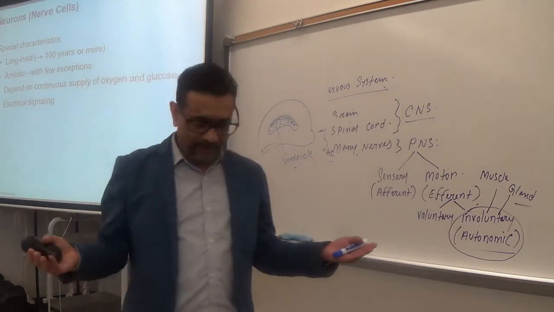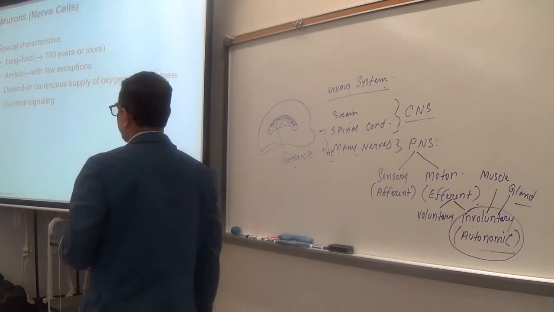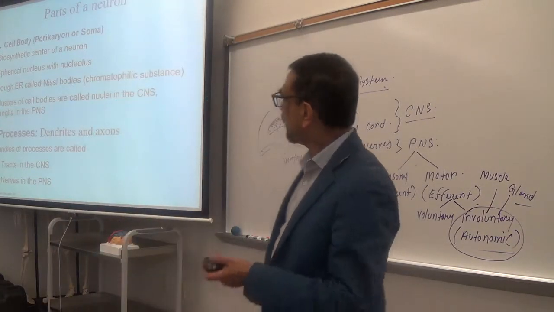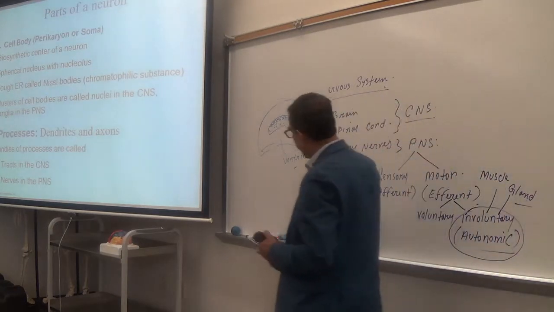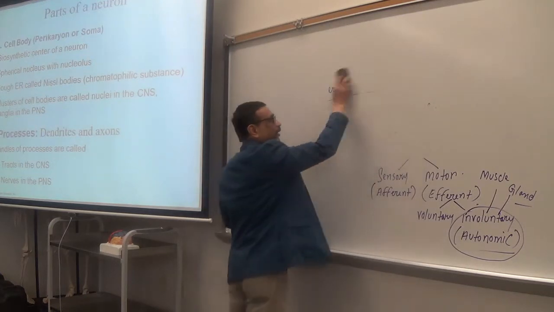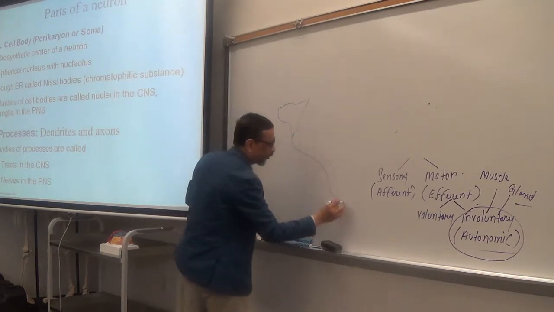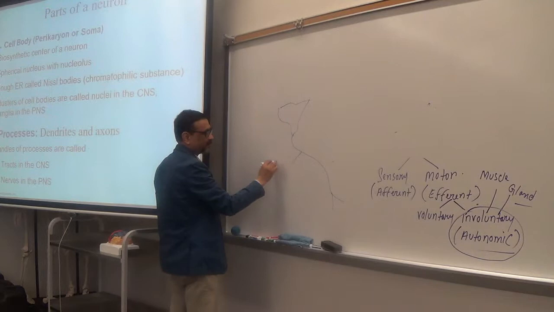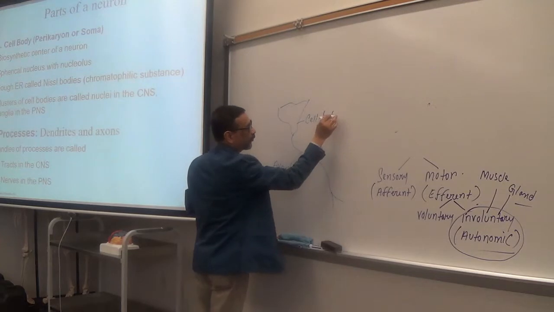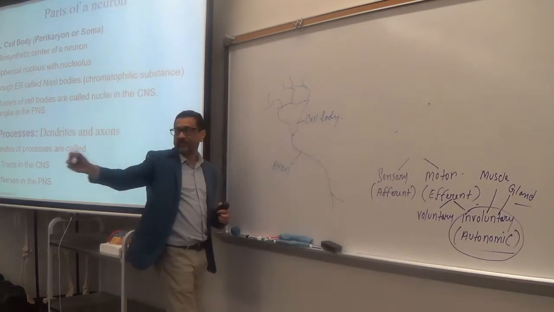I have mentioned that neurons transmit electrical signals. So those are the properties of a neuron. Now if you see the structure of a neuron, it has a cell body and a long process called the axon. This is the cell body, and from the other side you have short branching processes.